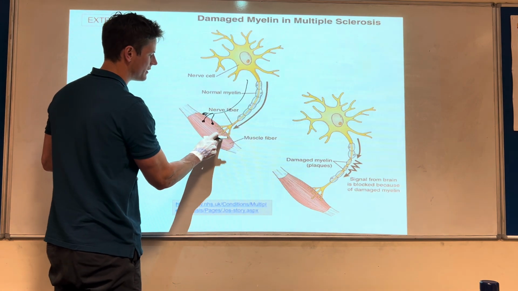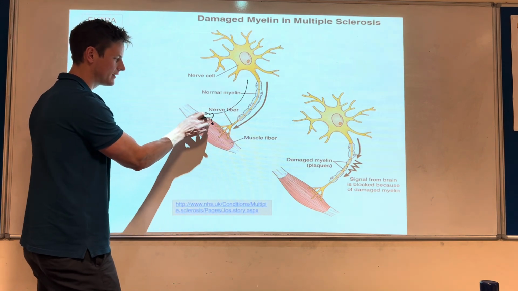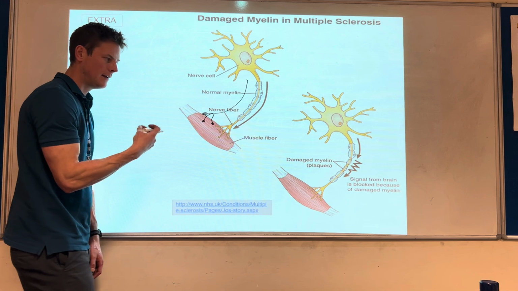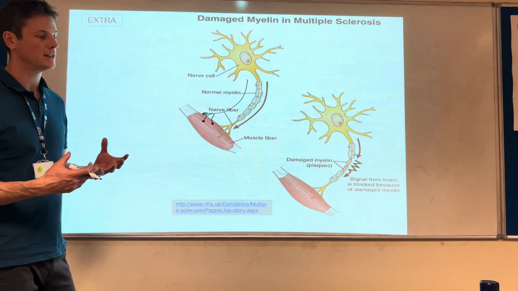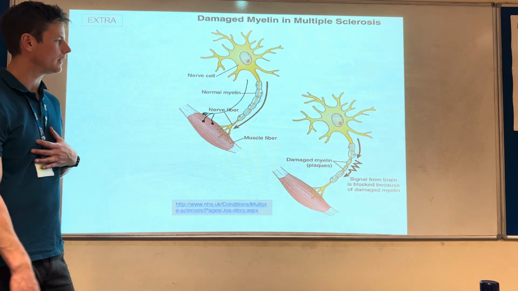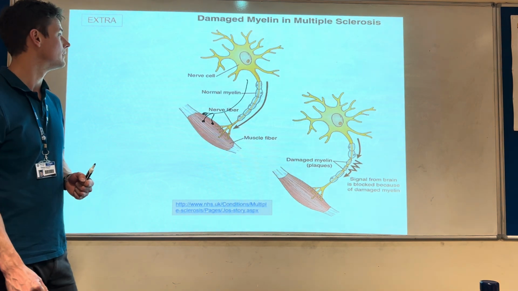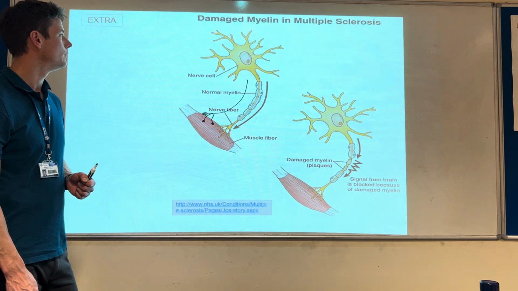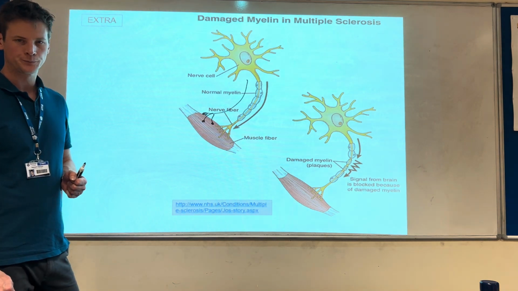Rather than this region of the muscle being stimulated and contracting, a different region contracts, and then we get this loss of fine motor control, or in some cases tremors, that you might be aware of as one of the symptoms with certain diseases related to damage to the myelin sheath.